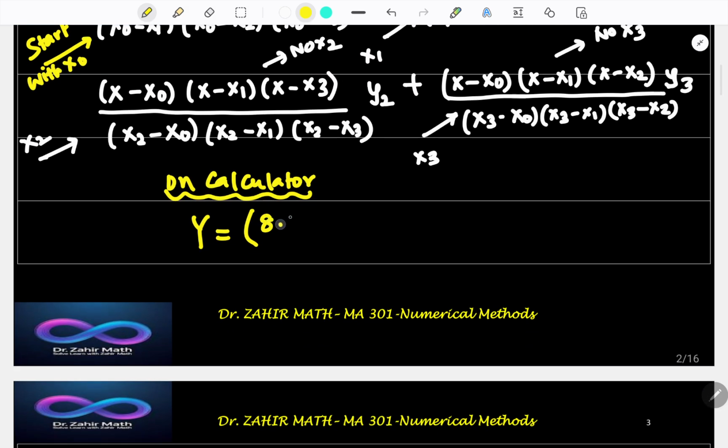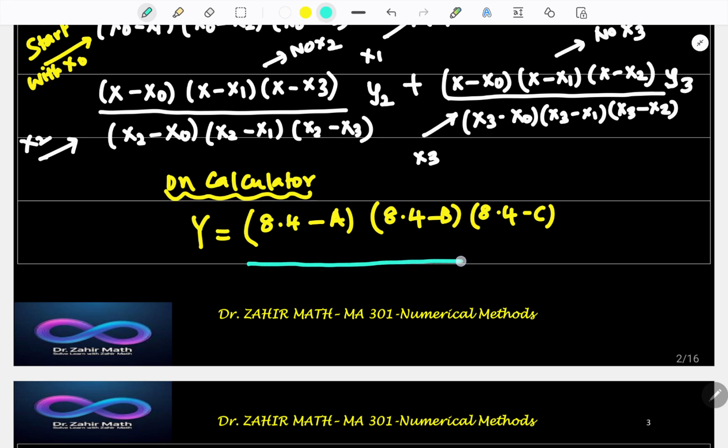So Y equals (8.4 minus A), (8.4 minus B), (8.4 minus C). Okay, this is 8.4 over, right? Over, in the denominator, X minus A, X minus B and X minus C, right?